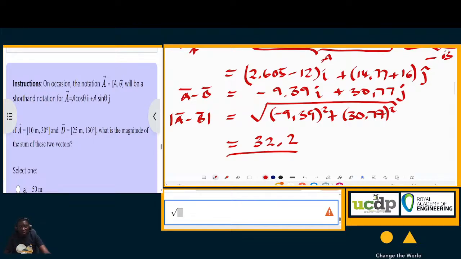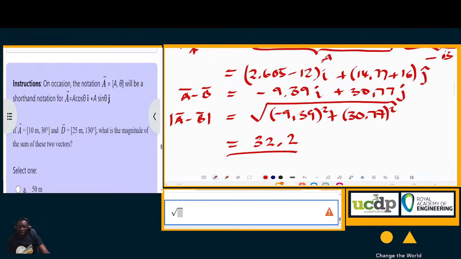It's also important, when they say magnitude or present it as a vector: if it says just find the sum of vector A plus B, then make sure you give it as a vector, meaning there should be magnitude and there should be direction. But if it's find the magnitude, then you can only give the magnitude. Those are the things you should look out for in the questions that you come across.